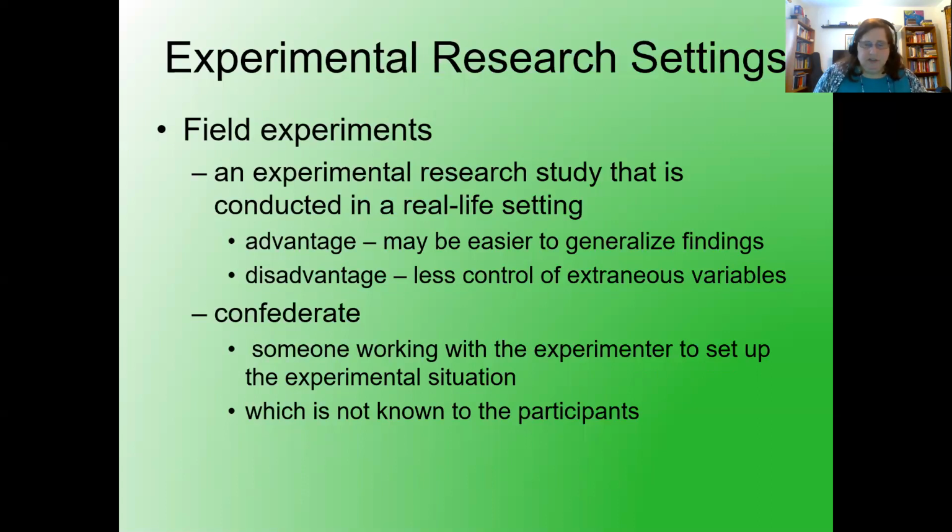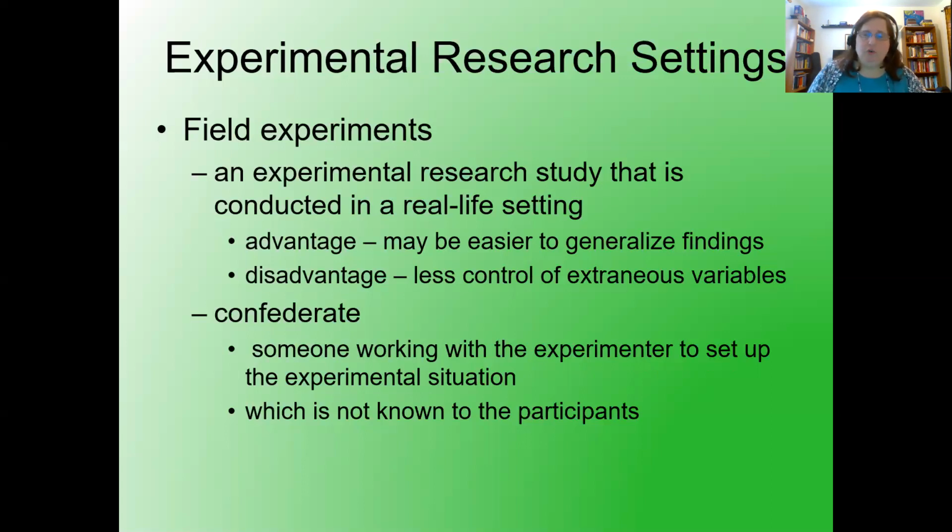The confederate entered randomly selected women's stores between the hours of 3 p.m. and 4 p.m. on 2 consecutive Thursdays. Notice how they're trying to control as much as possible in this real world setting, right? They're making it on Thursdays, they're making it at a particular time, they're doing the best they can. The dependent variable is the time it took for an employee to approach and speak to the confederate.